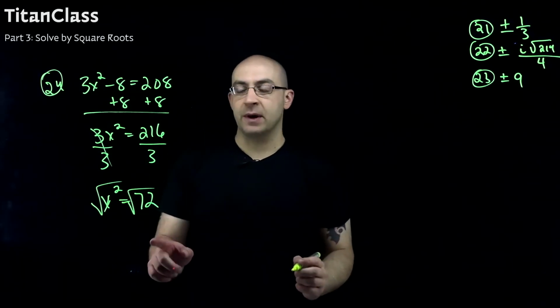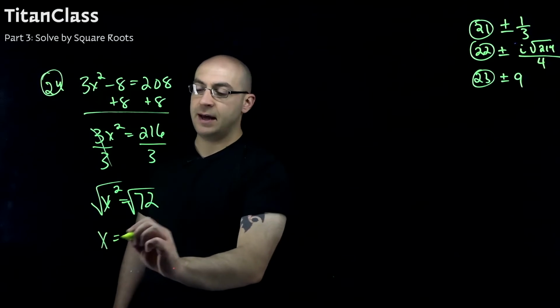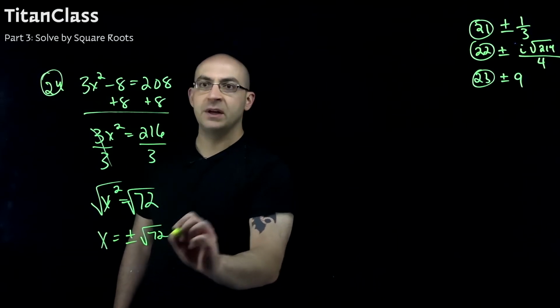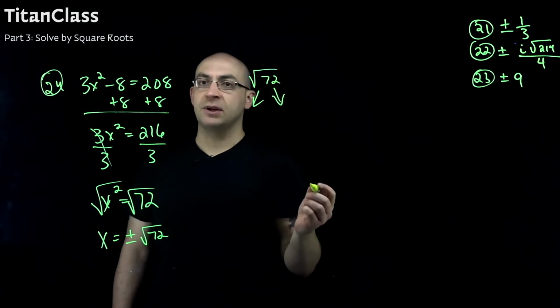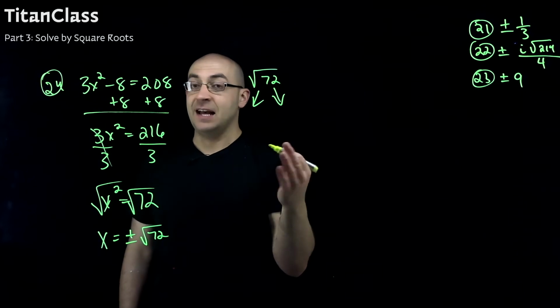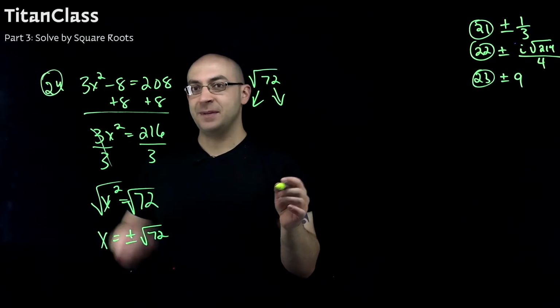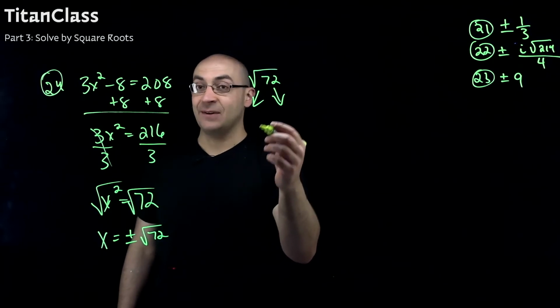72 is not a perfect square. 72 can get broken down. So this is x equals plus or minus the square root of 72. Off to the side, let's break this down. So the square root of 72, I'm looking for a perfect square factor. A lot of you are going to tell me 8 and 9. And 8 and 9 is fine because 9 is a perfect square. But 8 can get broken down again.